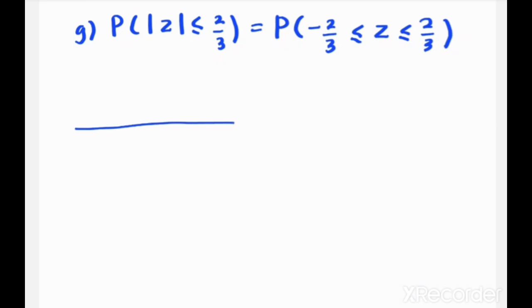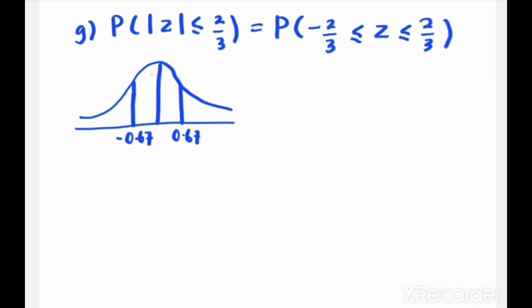When we put it into the bell shape, we know that both are 2 over 3, which is 0.67. There is an equal sign, so negative 0.67 is here, in the middle is 0, and 0.67 is here. This area is between these two numbers, and we need to find this area.